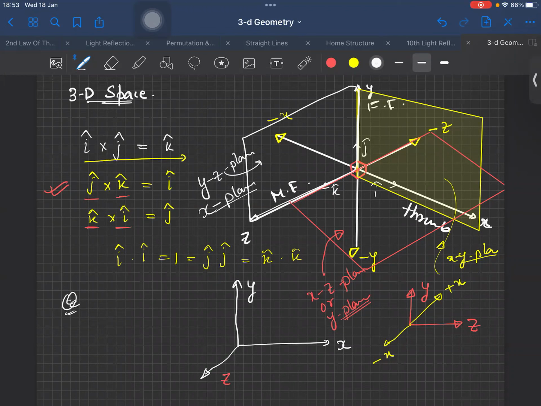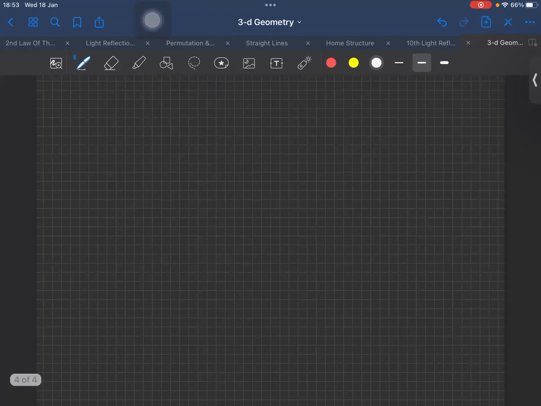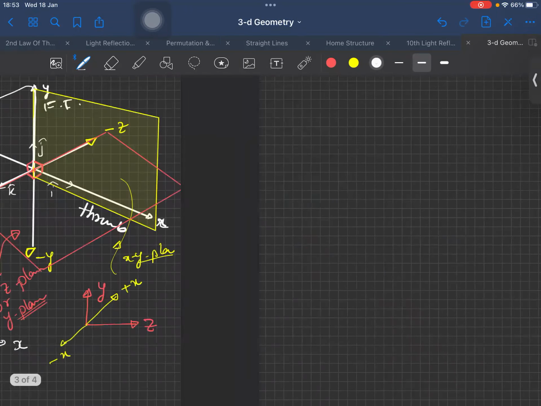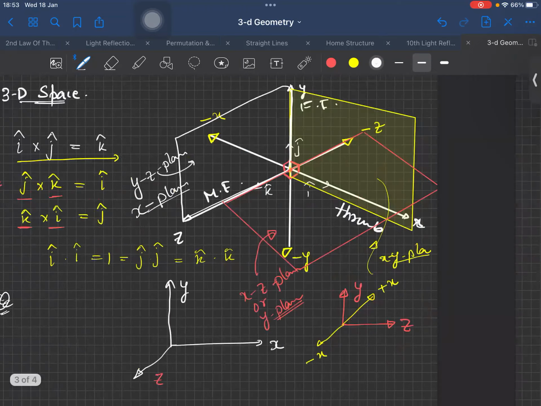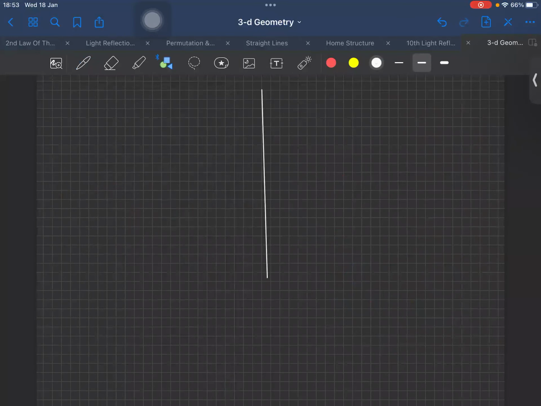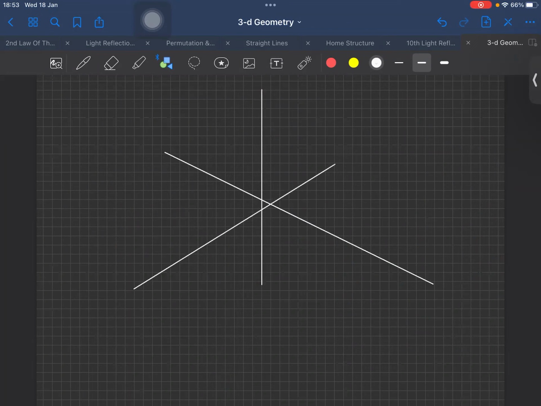Understood? Okay, let's move ahead. Now the given octants. So first octant, let me draw it again. So hopefully you can imagine it in 3D, although we cannot draw 3D on 2D plane.